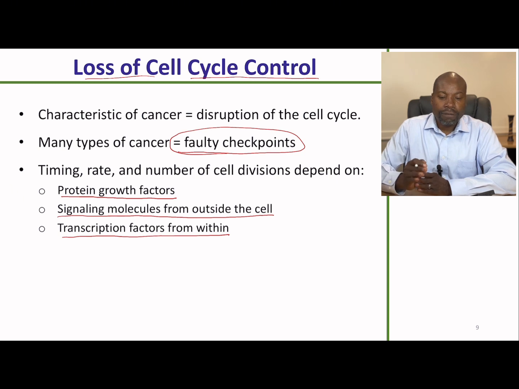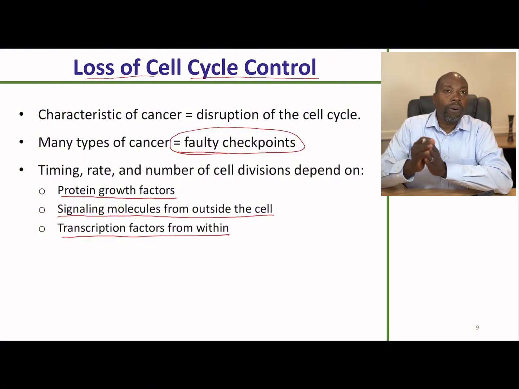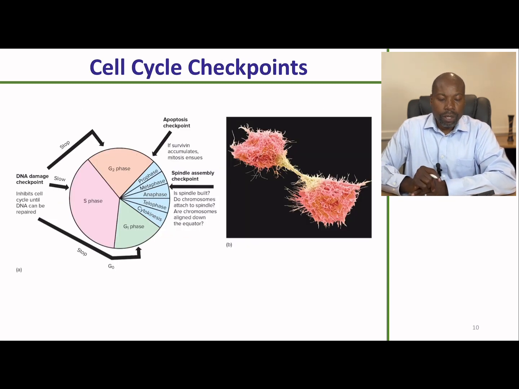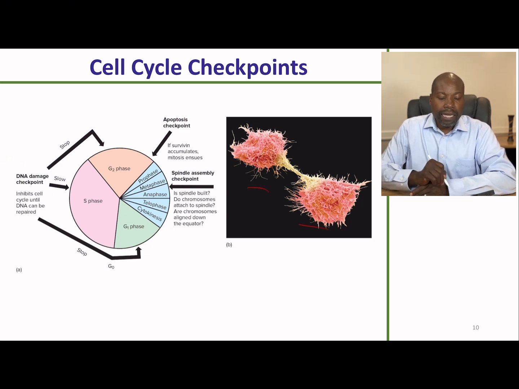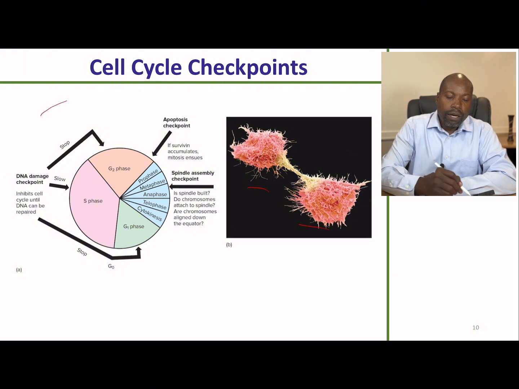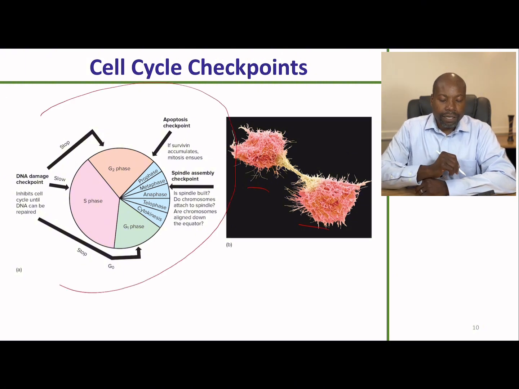If something is at fault, then the cell cycle is not going to move on, right? So these checkpoints have to be controlled tightly. Here we have a graphic representation of bone cells multiplying, and here we have the cell cycle.